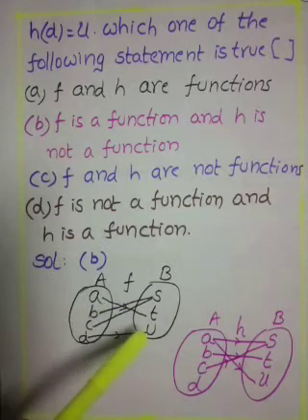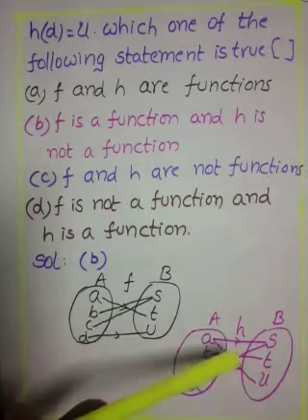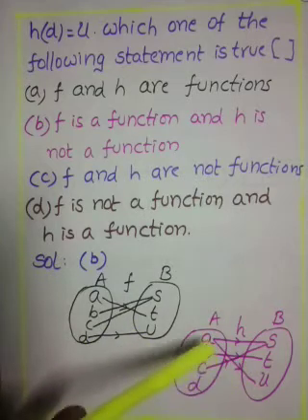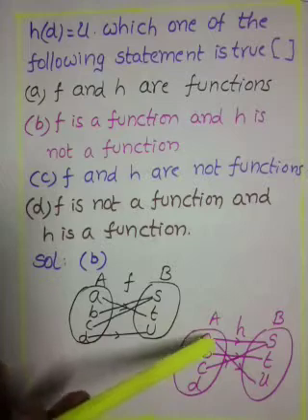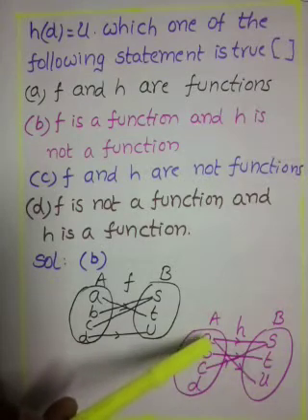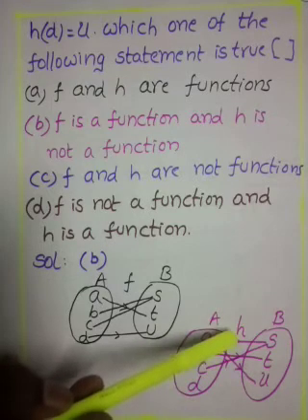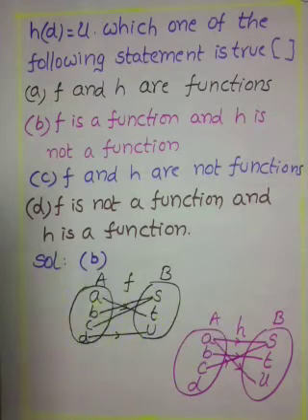Not more than one arrow should be drawn. So it is a function. But in the case of h, from the element a in the domain, two arrows are drawn. These two are associated with the element a in the domain. So this is not said to be a function. This is only a function.